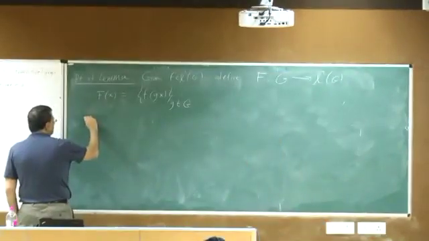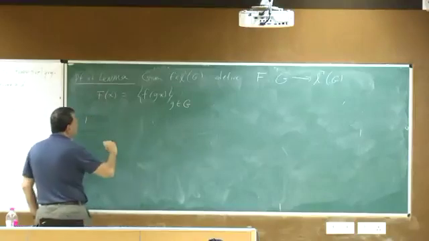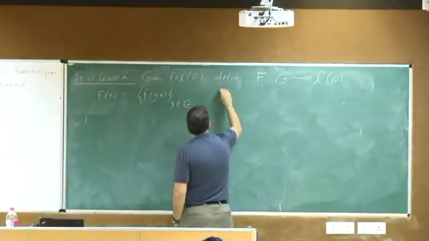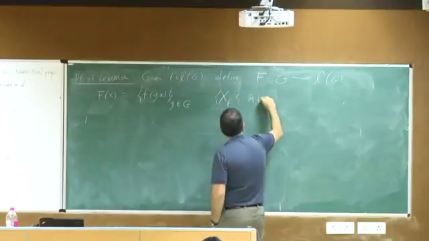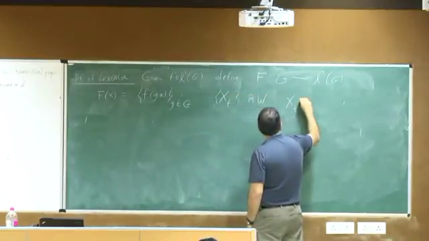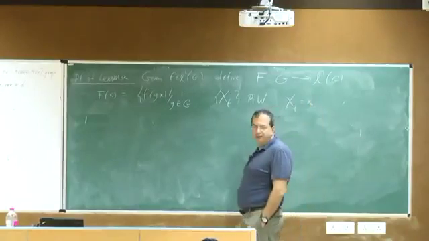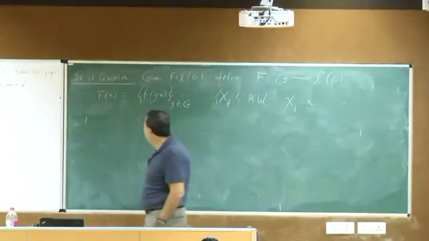Now let's consider the random walk Xt. Xt is the random walk. We're going to start it at some specific vertex x0, which could be the identity, but it doesn't really matter.